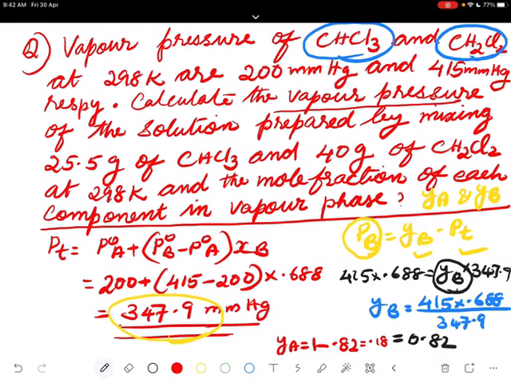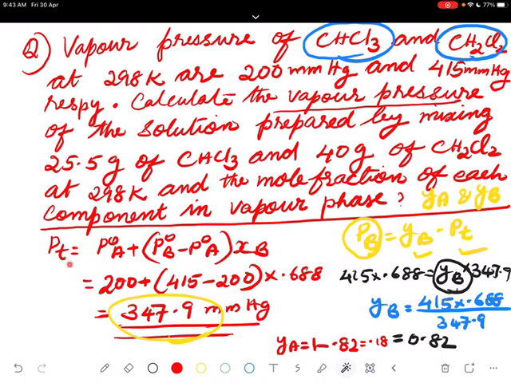So this equation you have to learn by heart: PT is equal to P naught A, the vapor pressure of the pure component, plus P naught B, the vapor pressure of the other pure component, minus P naught A, into only one mole fraction. You can express this P total in terms of one mole fraction.